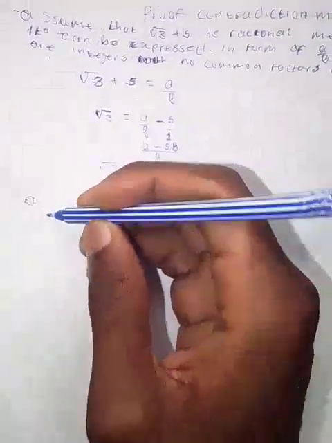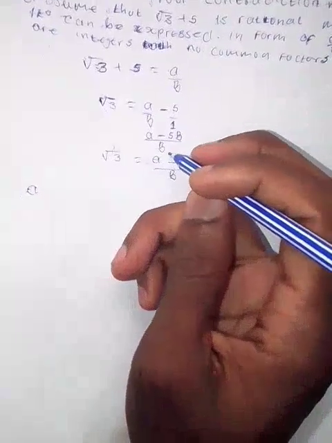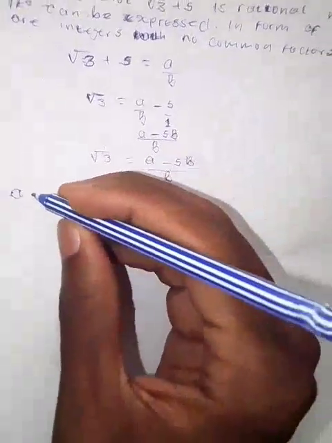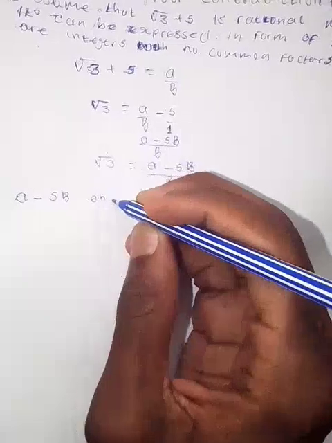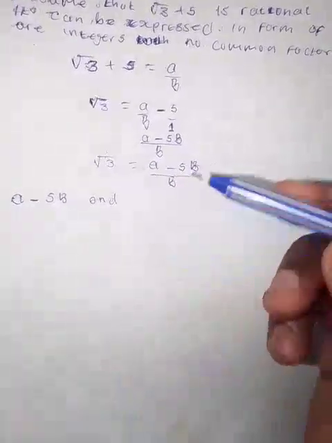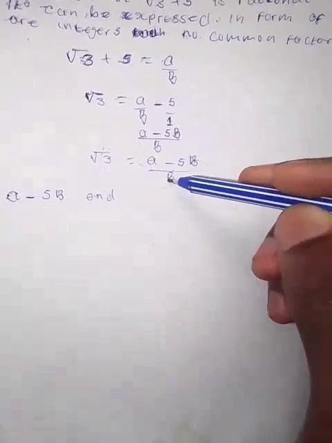A. You are going to write whatever is on the numerator, A above. You are going to say A minus 5B, and we are simply assuming that what is above and below are integers. Yes, A and B can be integers.